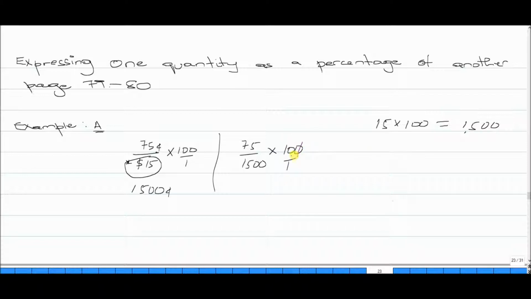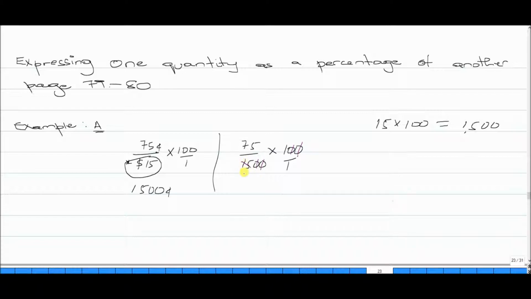Let's reduce as best as possible here. This 0 could cancel this 0, and this 0 could cancel this 0. We would be left with 15, which is the same as saying 100 into 1,500 goes 15 times. Now, using our knowledge of the rules of divisibility, since 15 has 5 in its ones place and 75 also has 5, it means that 5 could go into both of these numbers.